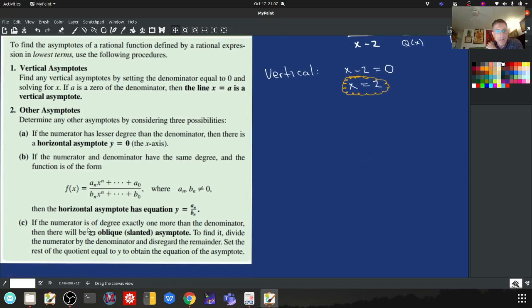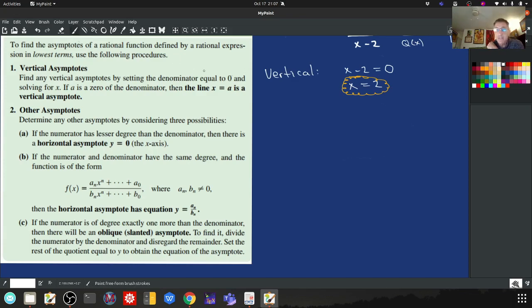If the numerator is of degree exactly 1 more than the denominator, then there will be an oblique or slanted asymptote. So to find it, we divide the numerator by the denominator and disregard the remainder. Set the quotient, that's what we get as the result of division after disregarding the remainder, equal to y. So here we go.